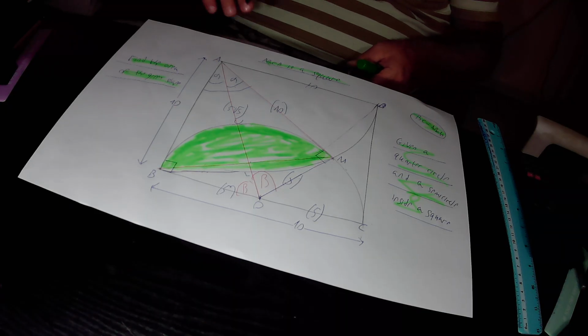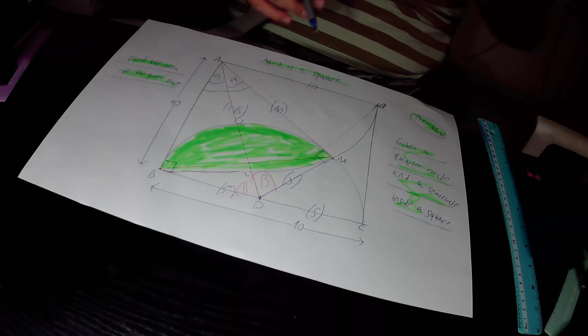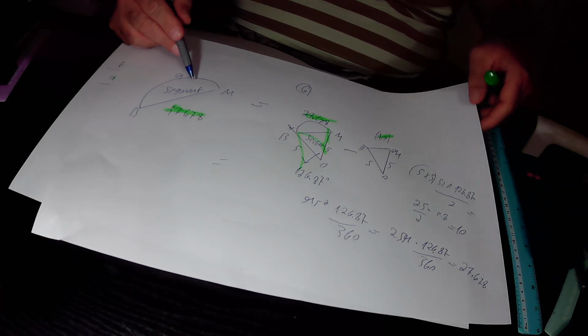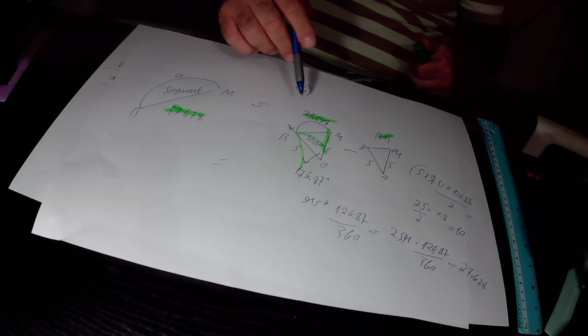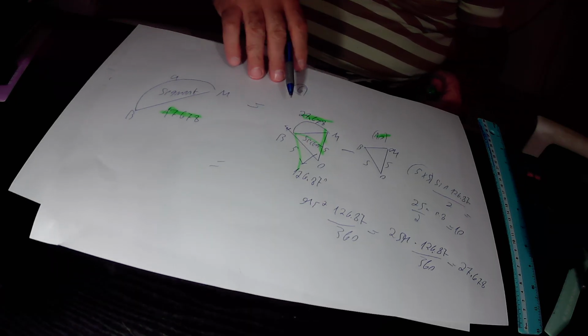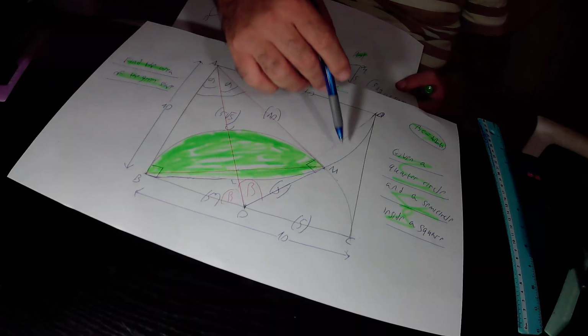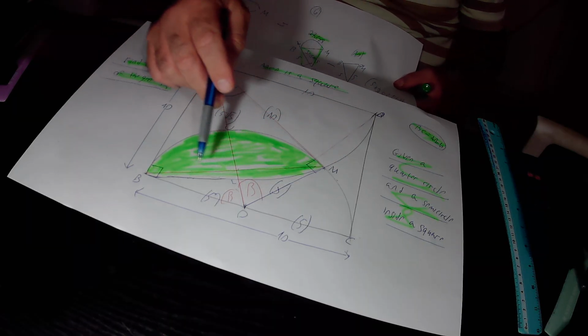So what is the area of this upper segment BUM? The area of the upper segment BUM equals the area of sector BOM minus the area of this triangle BOM.